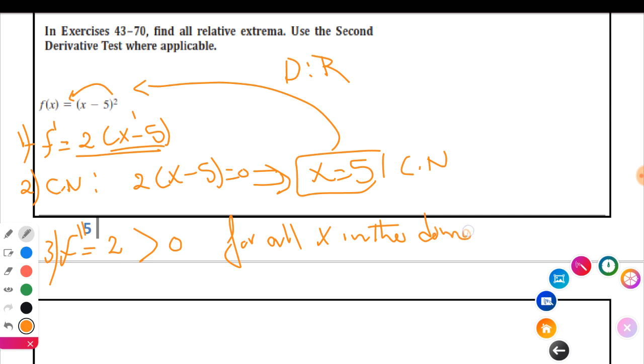Clear? Please focus. So, f''(5), the second derivative at the critical number, equals what also? 2, greater than 0.